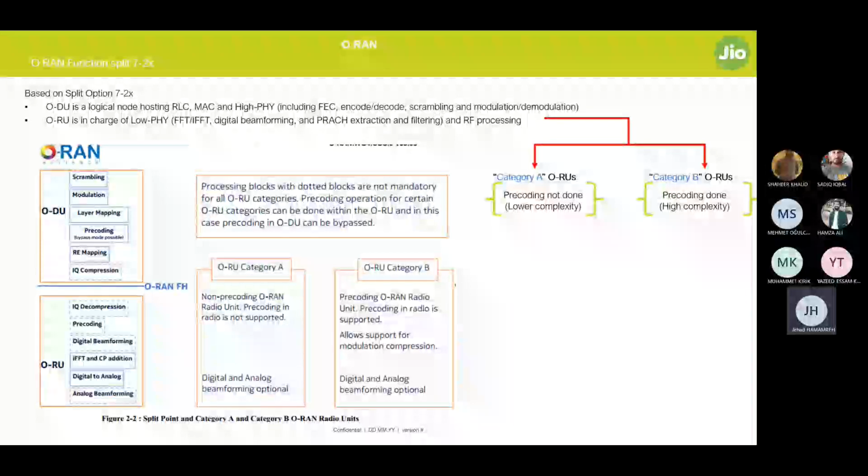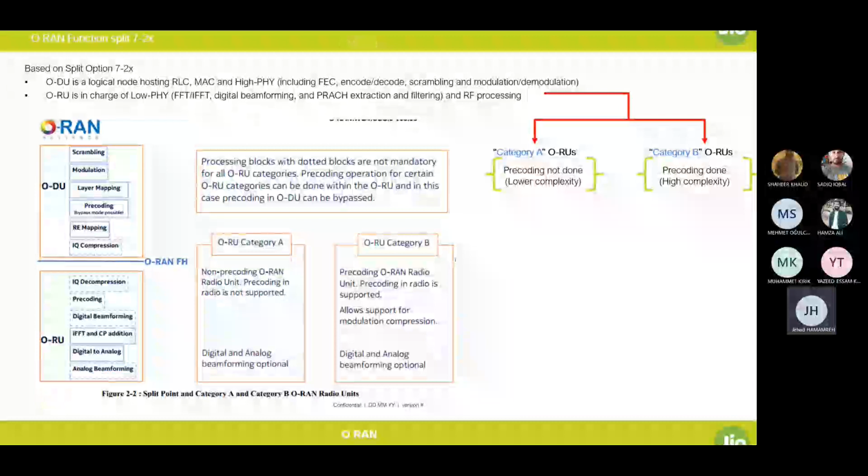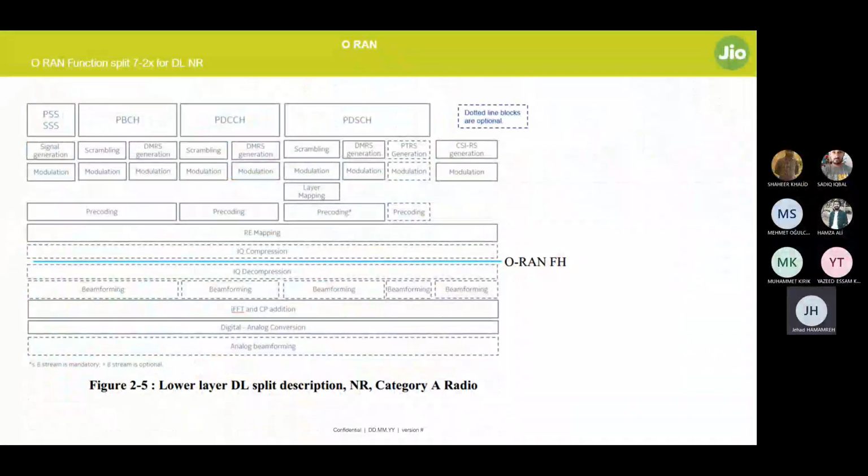And all the dotted blocks are optional, not mandatory, but they are used for specific functionality to improve your network performance and system parameters. And this is the Open RAN split functional 7.2x.